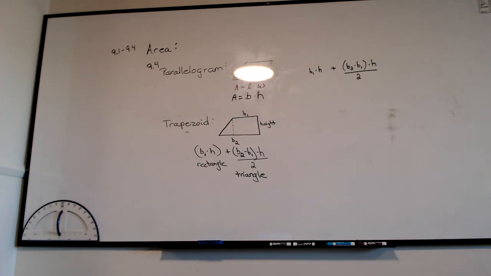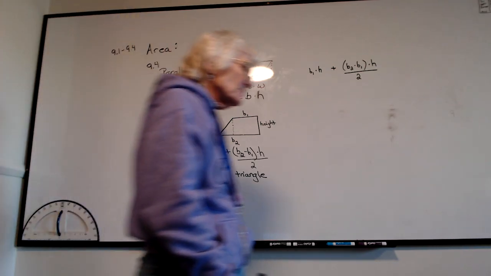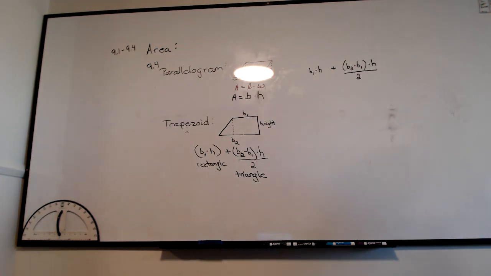So we're going to combine these. Notice it's addition. So what do I have to do before I can add those two terms? Nobody knows? One's a whole number, one's a fraction.